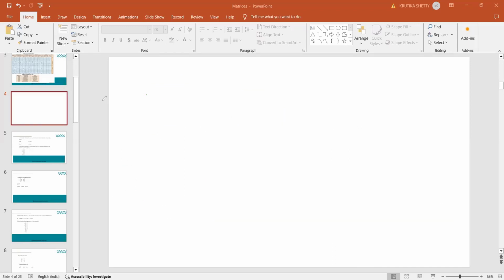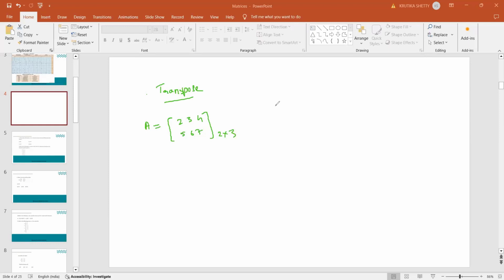Next we need to understand transpose. This is a property, the transpose of a matrix. We will consider an example. If matrix A is equal to 2 3 4 5 6 7, see, the order of this matrix is 2 cross 3.